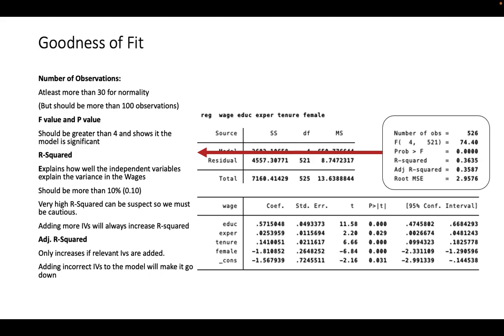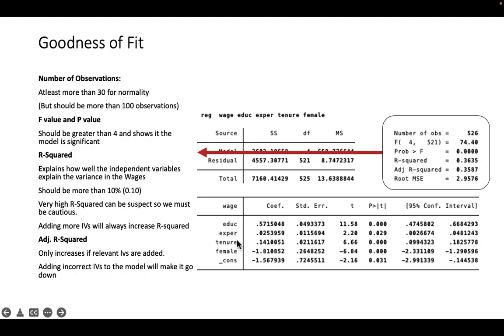And the thing about R squares is that if you keep on adding more variables as your independent variables, your R square will keep on going up. And this is a problem. Even if you keep on adding random variables as independent variables, your R square is going to go up.